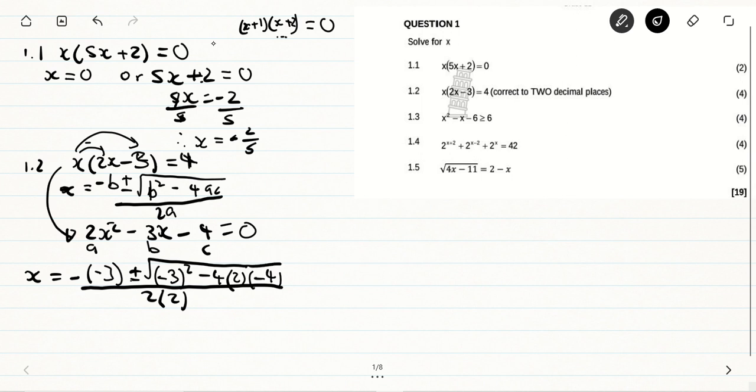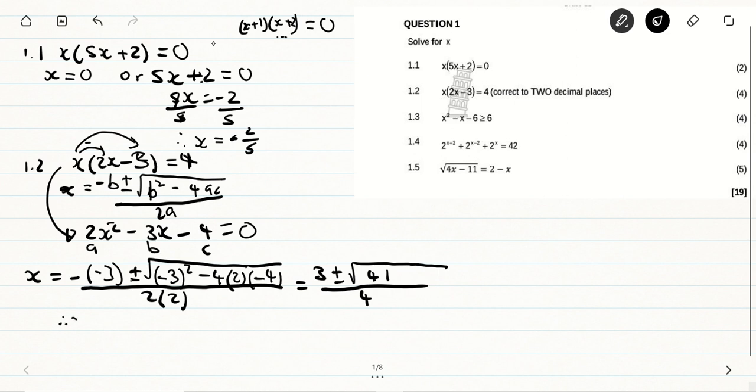When you use your calculator, let me break it down a bit. This is going to be positive 3 plus minus the square root of 9 plus 32. 9 plus 32 is equal to 41, over 4.